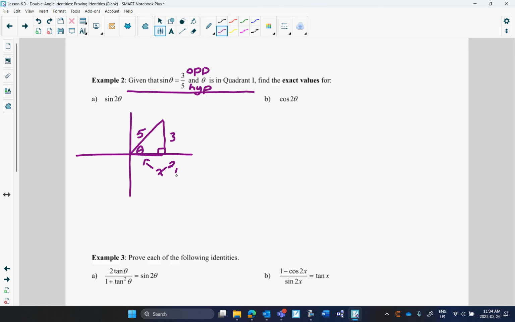So x squared plus the other leg squared, 3 squared, is equal to the hypotenuse squared. X squared plus 9 equals 25. X squared equals 16. Therefore, x is plus or minus the square root of 16, which is 4. But which one am I using, plus or minus? Plus, because I'm in quadrant 1.